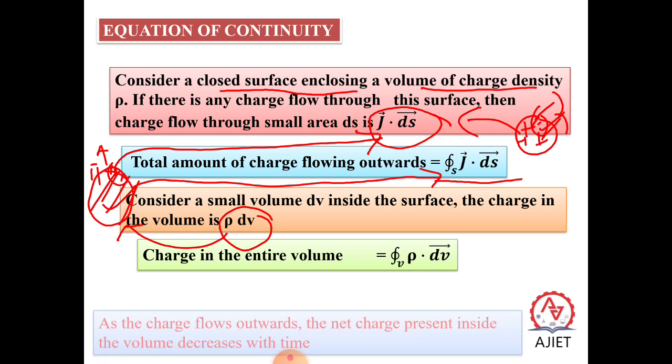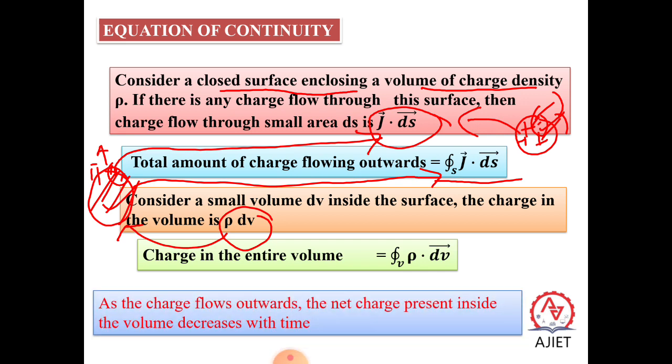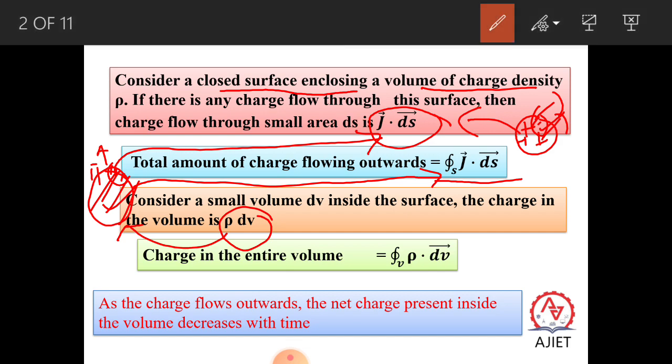Next, see what happens here. As the charge flows outward, the net charge present inside the volume decreases with time. More and more charges come out from this surface, so the net charge in this volume decreases.